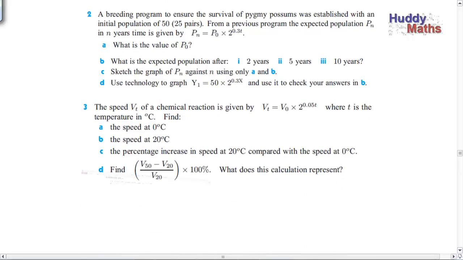Question 3 and also question 2 have got this idea of V0 and P0 in them, so you've got to think about that. P0 means the population at the start at time 0, so that would be t is 0. Try to get your head around that a bit. I'll leave you to think about that one. Let's look at the answers then.